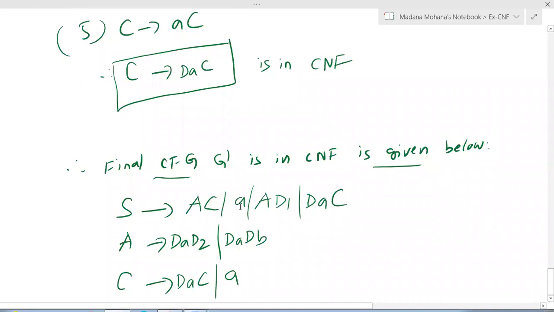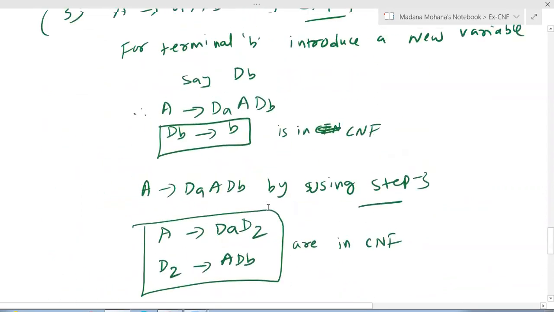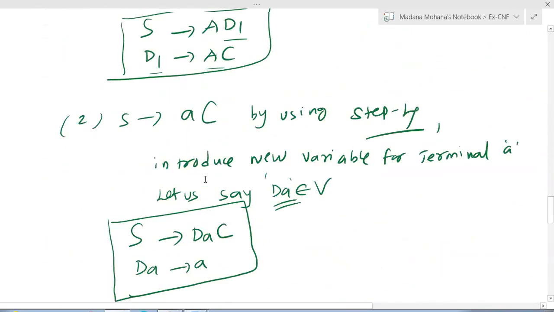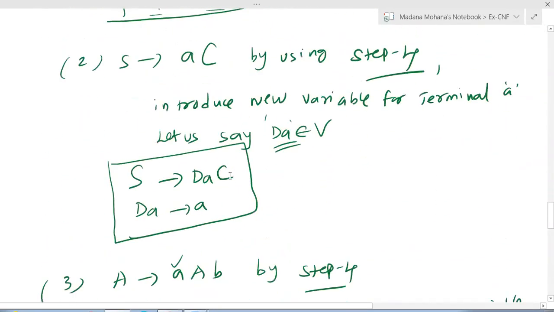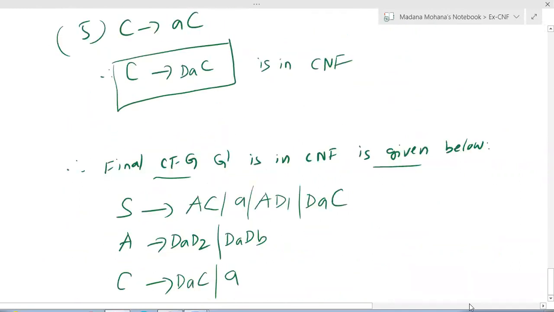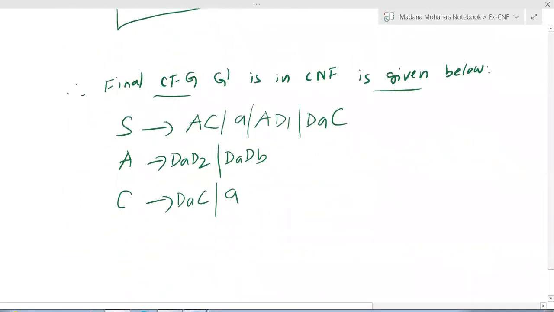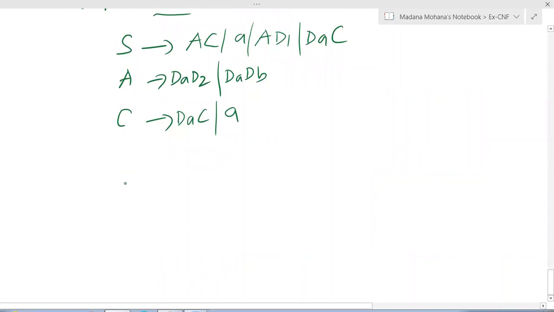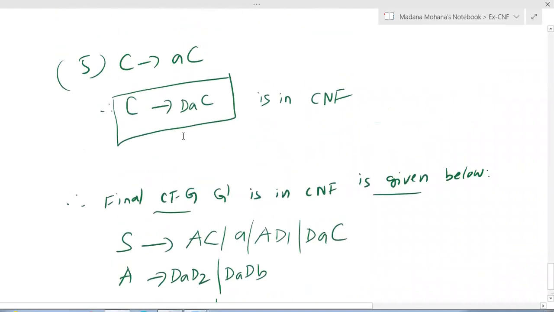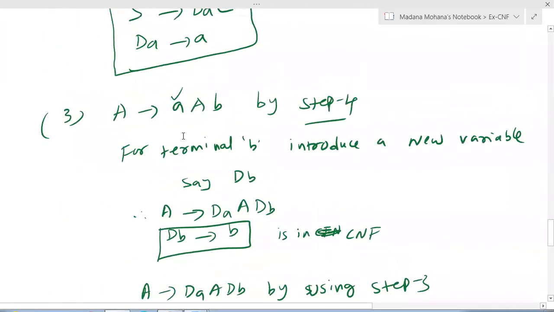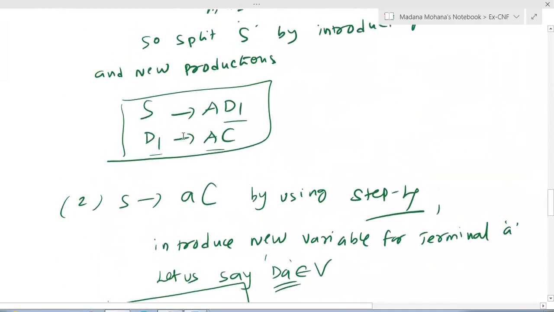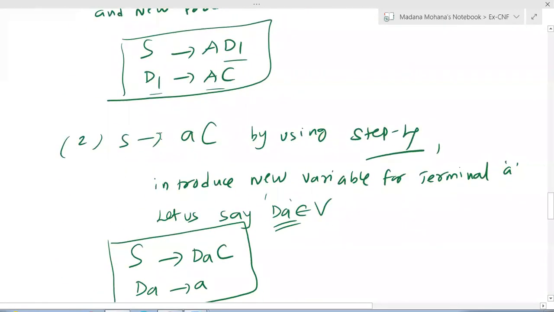Now write down their productions also. First D1. D1 derives AC. Even if D1 contains more than one production, you can combine. Now D1 derives variable A, variable C. Then any other productions starting with D1, we have only AC.